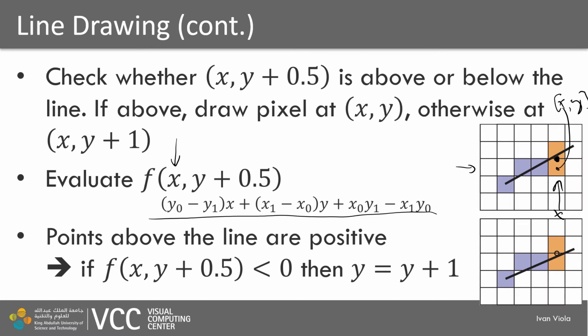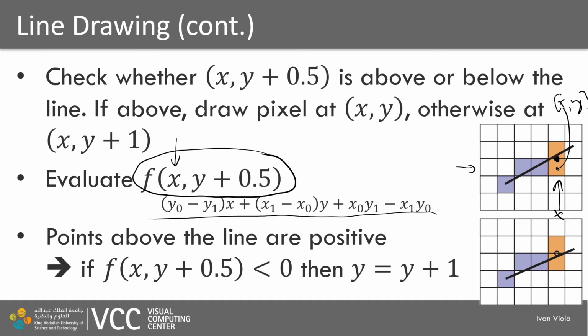And now we are evaluating the function for this point. We know that it will most likely not be equal to 0, that it will not be on the line, but we evaluate whether it is below or above.